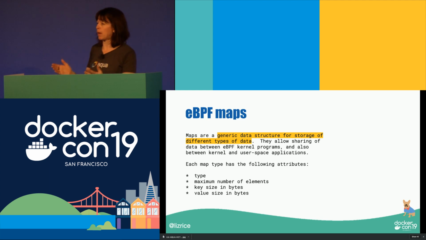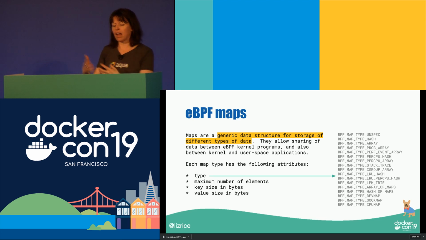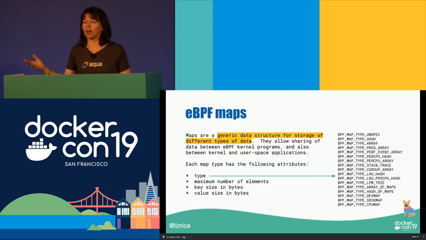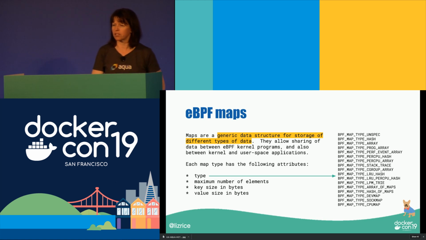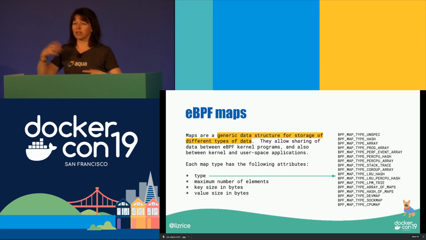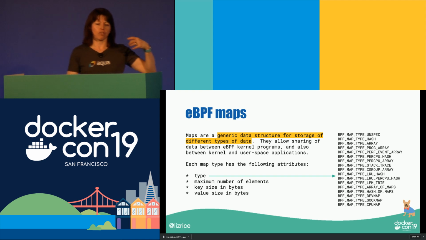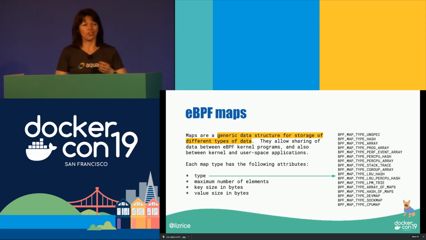They all have a key that points to, or a set of keys that point to, elements of data. And the elements could have different types, and there's a whole slew of different types of data that you can store in these maps. And they can be accessed from both the kernel side using helper functions and from user space using the BPF syscall.